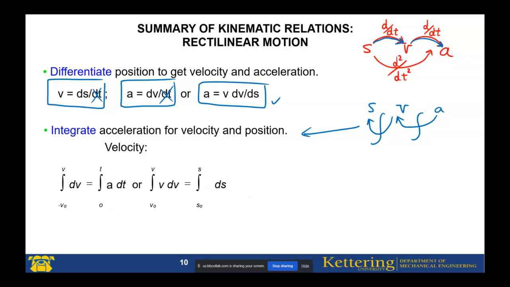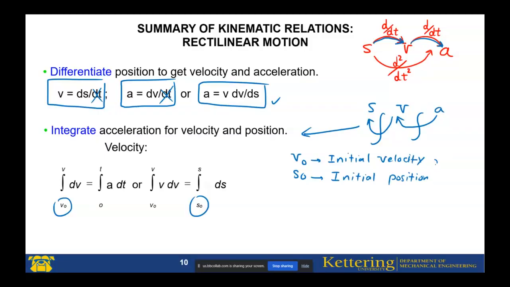And here, two more things that I want to mention: V0 and S0. V0 is the initial velocity. S0 is called initial position. These are the velocity and the position at time equal to 0.